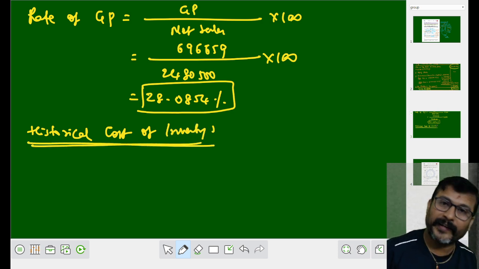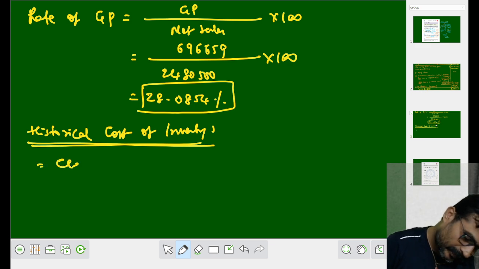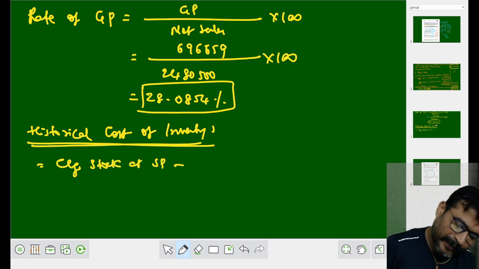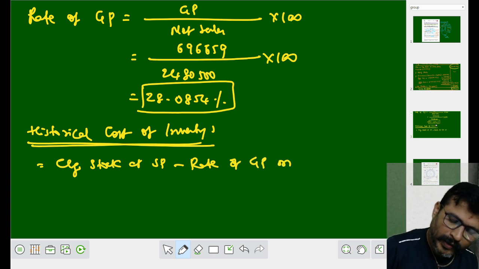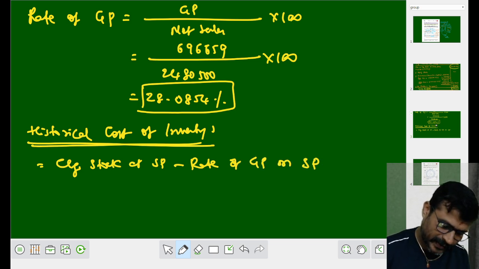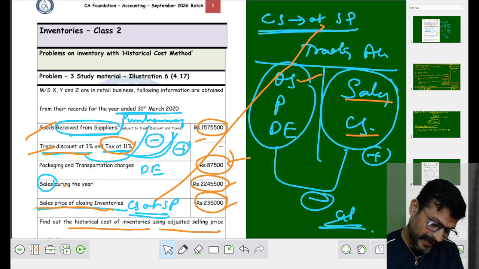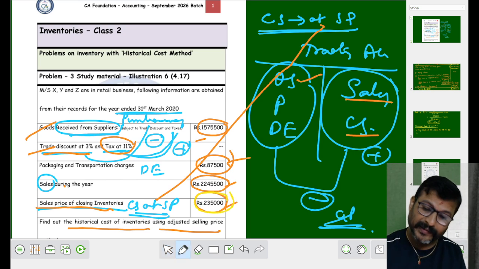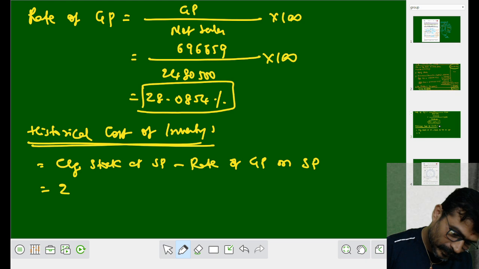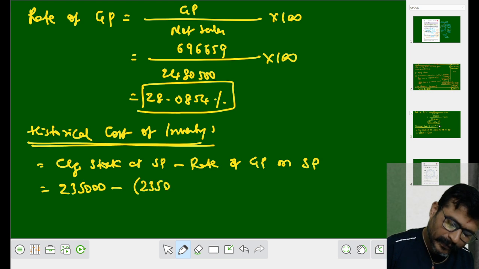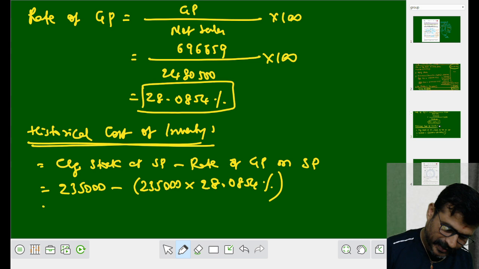Then we have to write the historical cost of inventory. For that, closing stock at selling price minus rate of GP on selling price. What is closing stock at selling price? 2,35,000 minus 2,35,000 into 28.0854%.